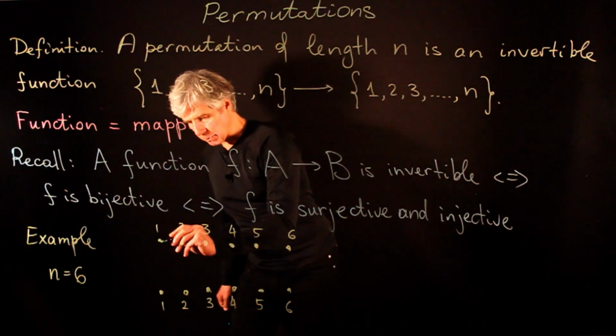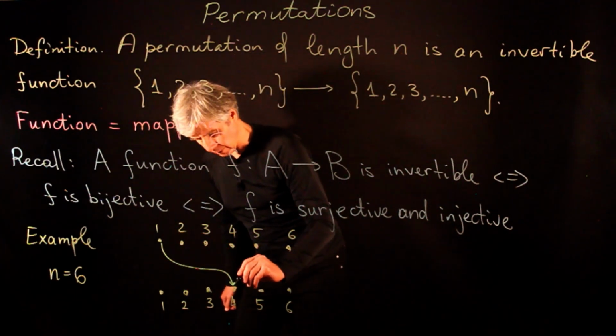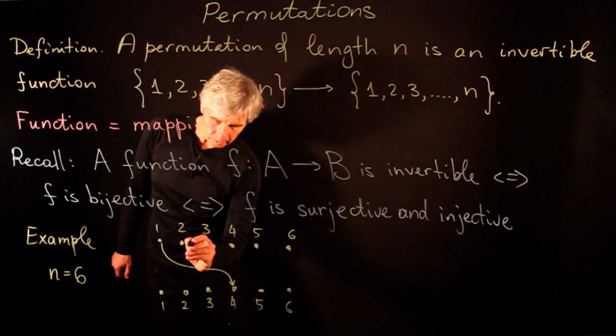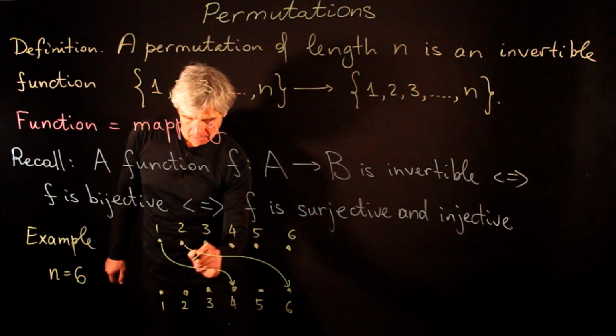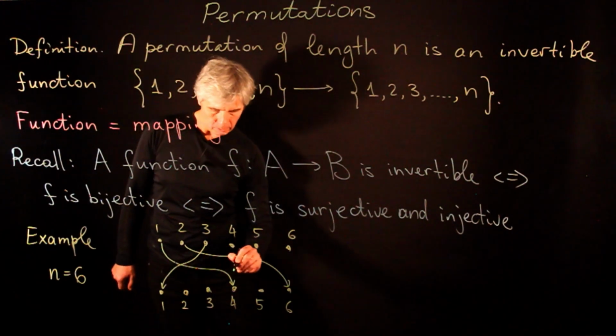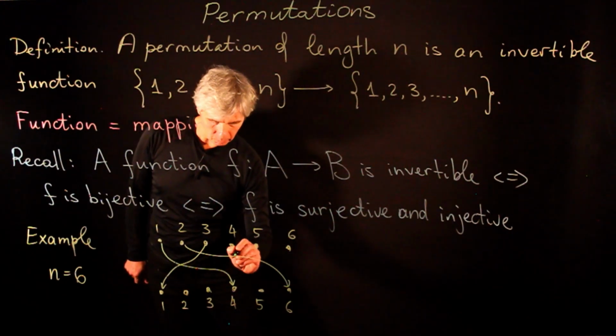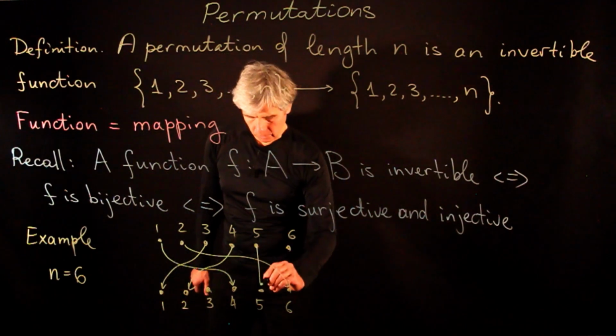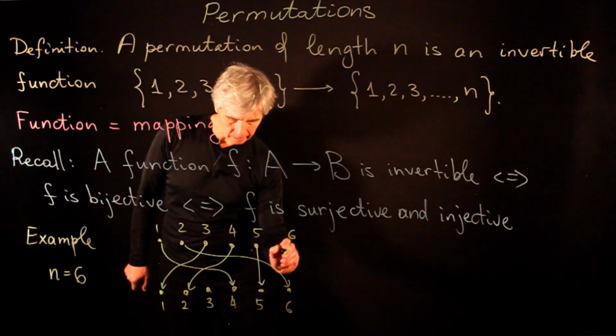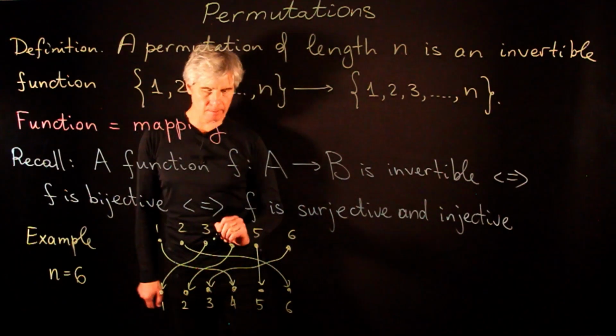And now we construct a permutation, where 1 goes to 4, 2 goes to 6, 3 goes to 1, 4 goes to 2, then 5 goes to 5, and 6 goes to 3.